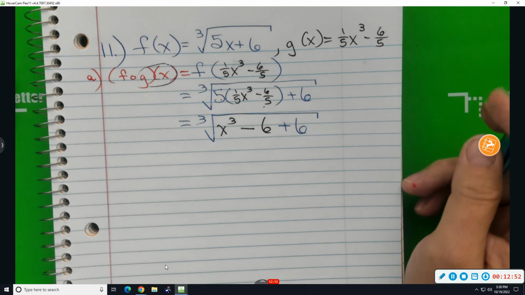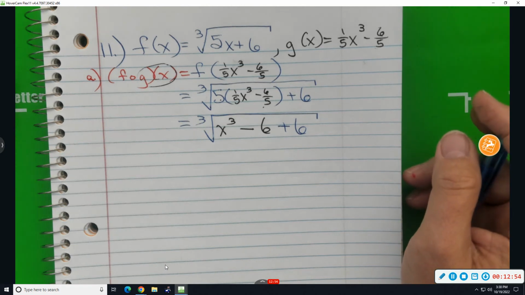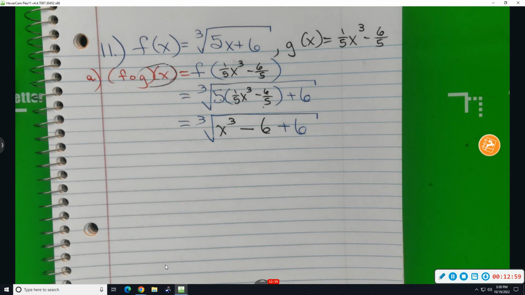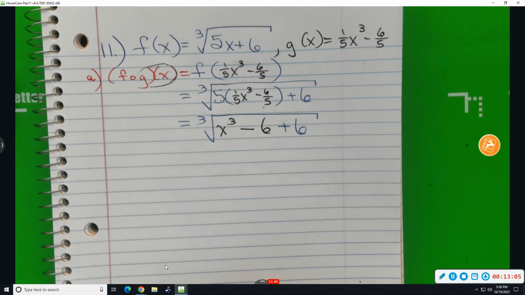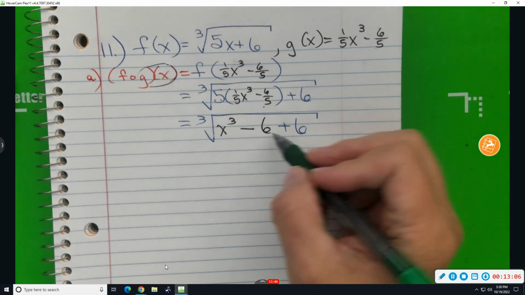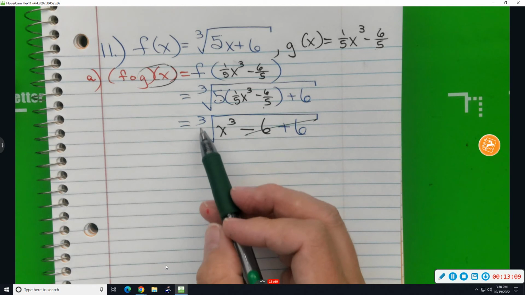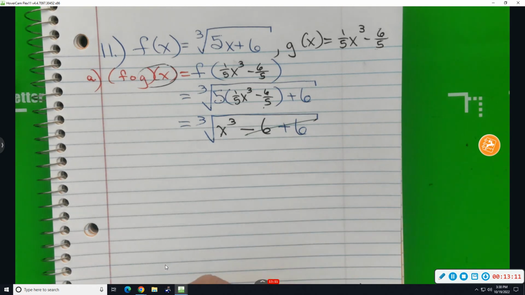I think terms are about to start disappearing. What's going to happen to the constant terms? Negative 6 plus 6. Gone, okay. The cube root of x cubed.